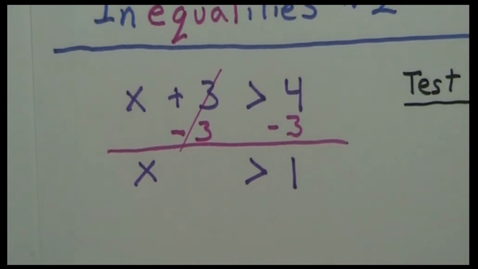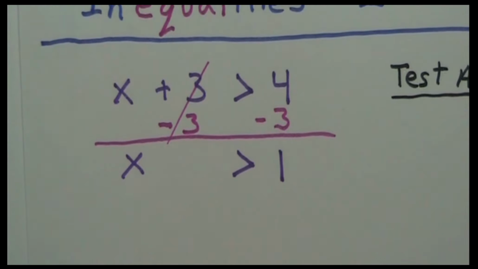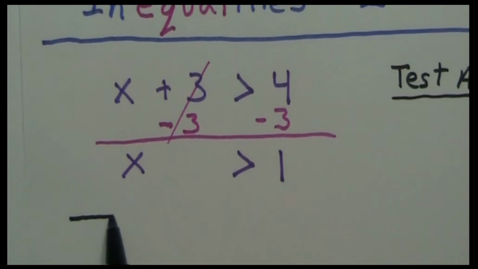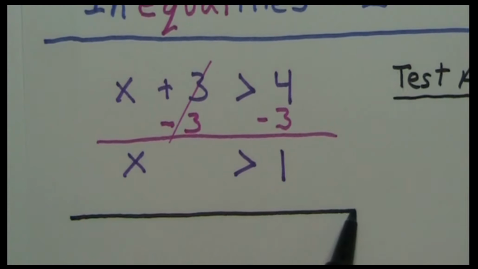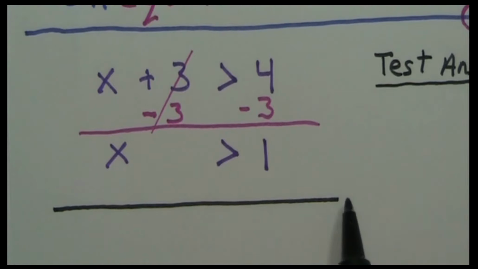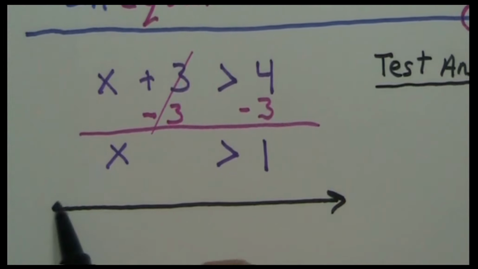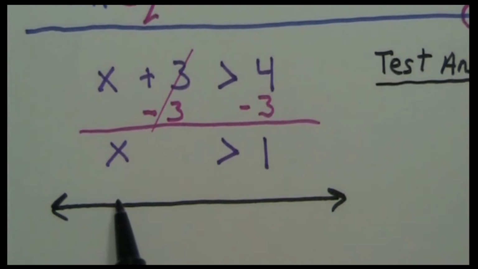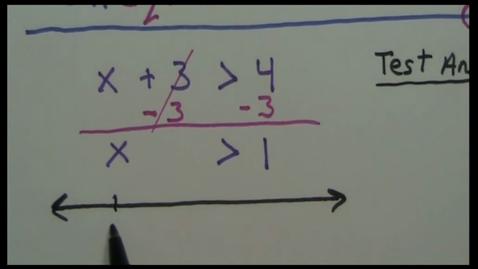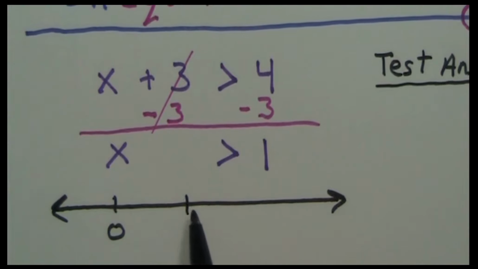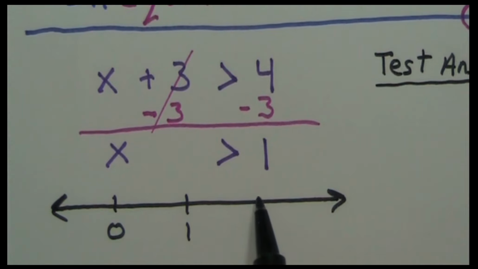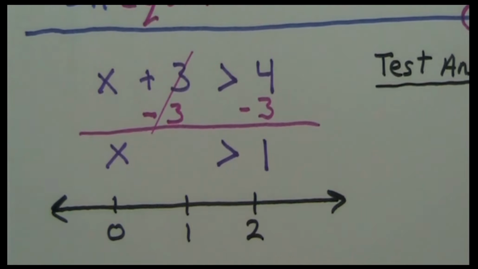Okay, now let's just go ahead and draw a number line under it. I'm going to put the numbers 0, 1, and 2.